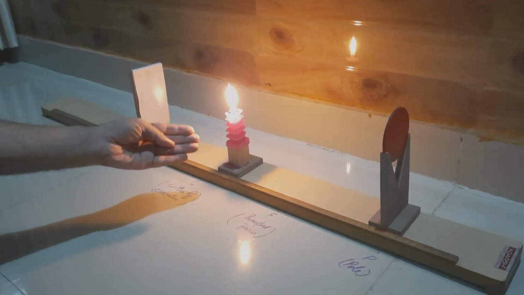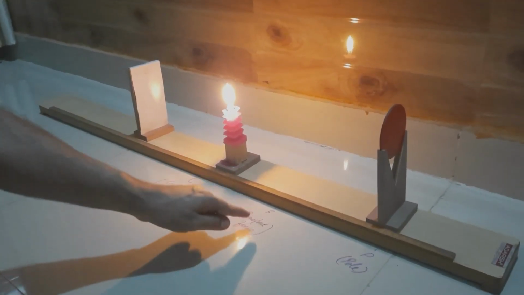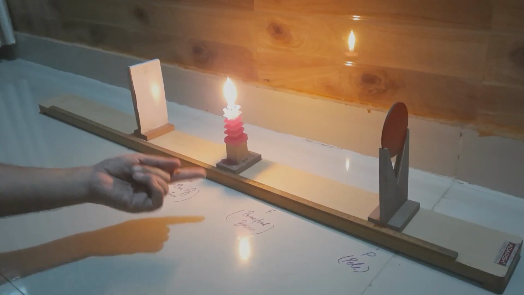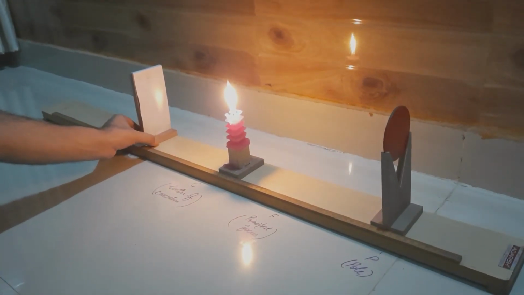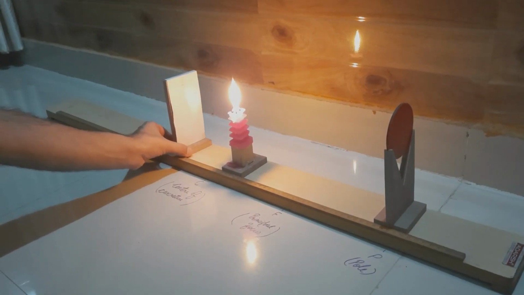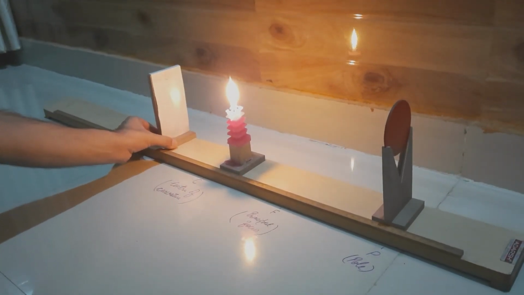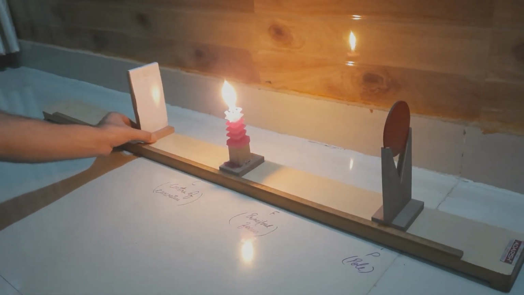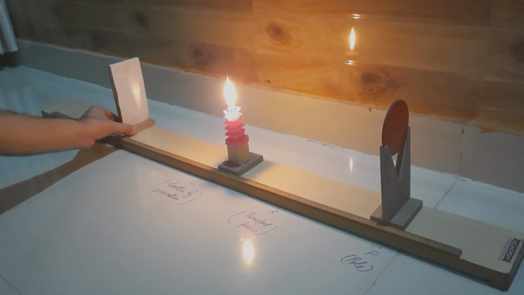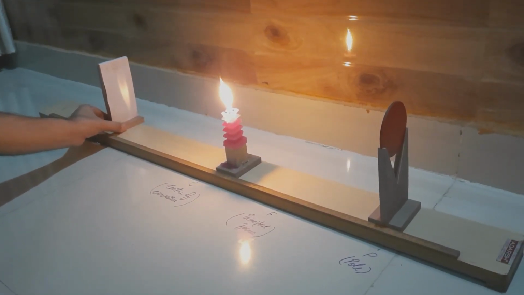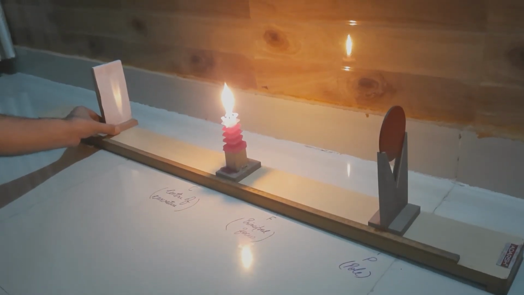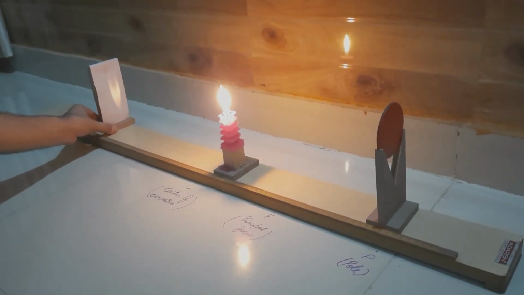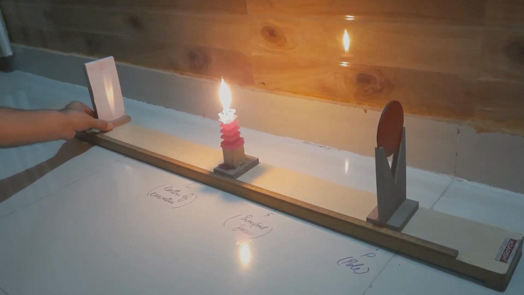Now the object is between C and F. Then where will the image be formed? We'll find out by moving this screen again to and fro. A blurred image is formed. That's why we have to move the screen away, and we can see the candle flame, its image is enlarged and becoming clear.